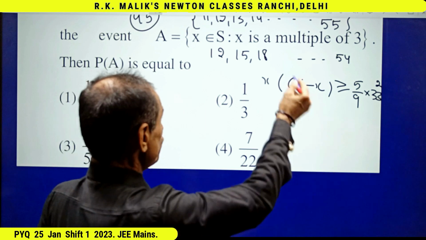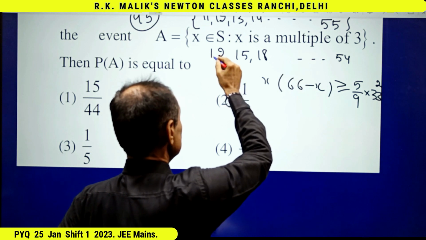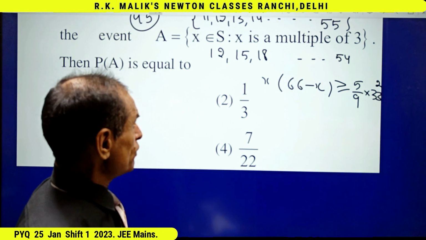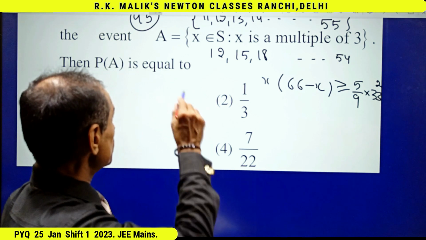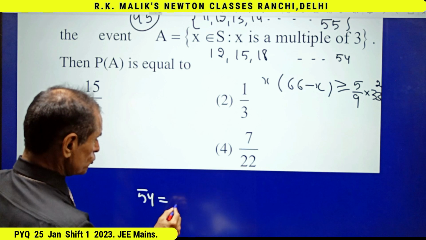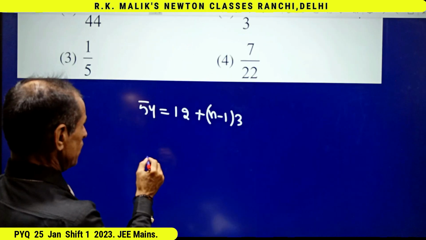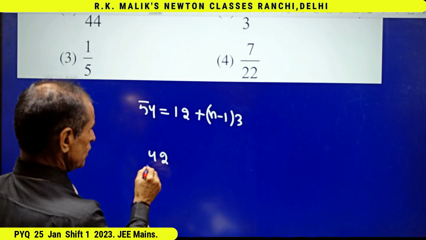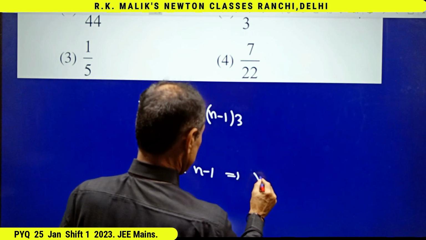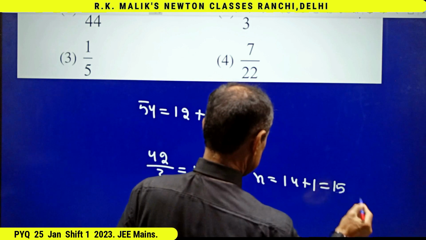And therefore, to find the number of elements in the set A, it is clearly an AP with first term 12 and nth term 54, and I have to find the value of n, which will be the number of elements in the set A. Therefore, writing 54 = 12 + (n − 1) × 3, I will get 42/3 = n − 1, that is n = 14 + 1, that is 15.